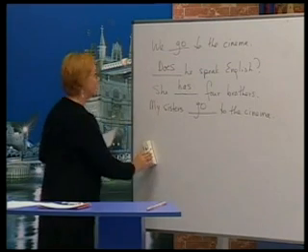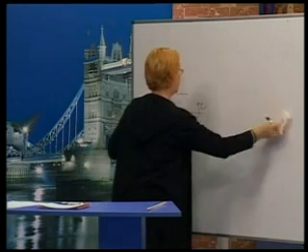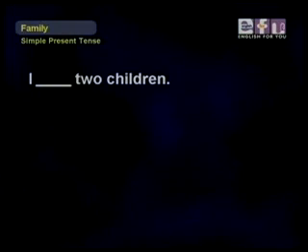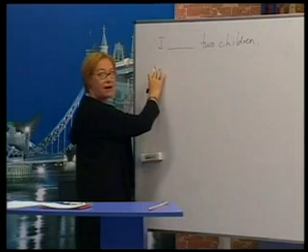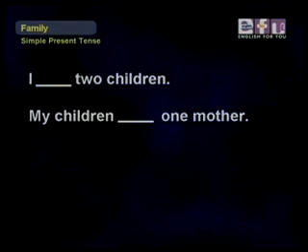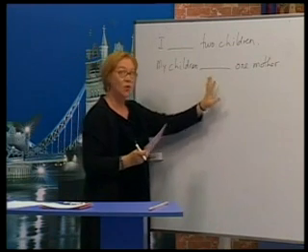Okay, now let's look at some new sentences, and we'll do the same thing again. So, here we go. I blank 2 children. My children blank 1 mother.